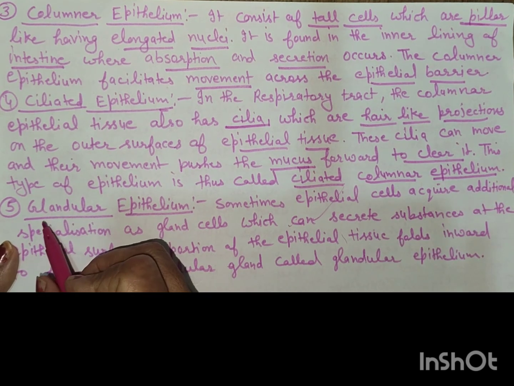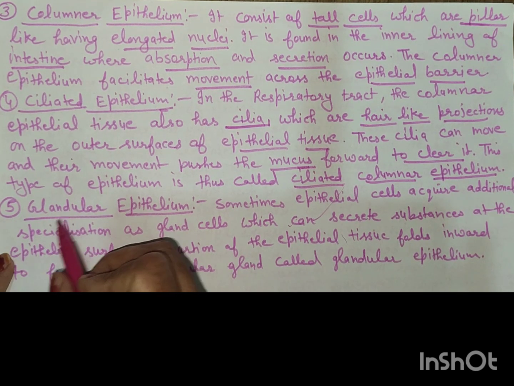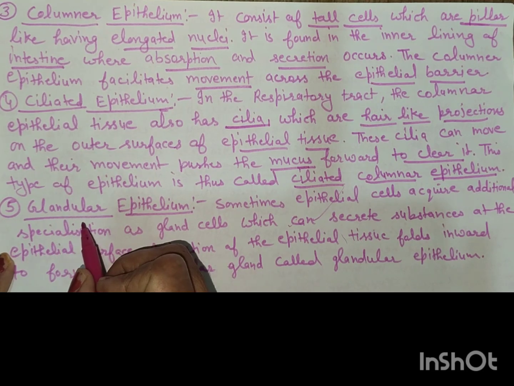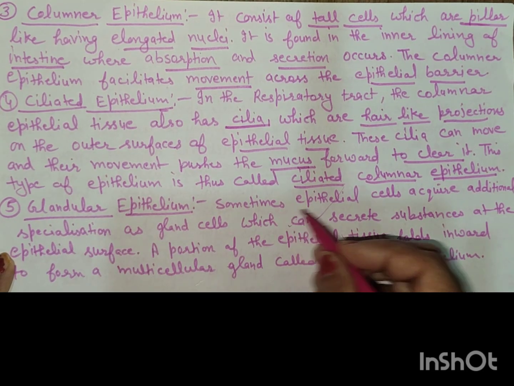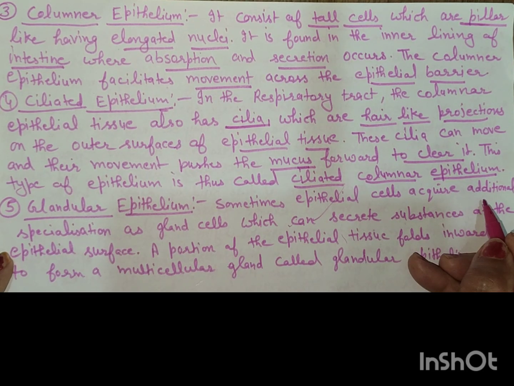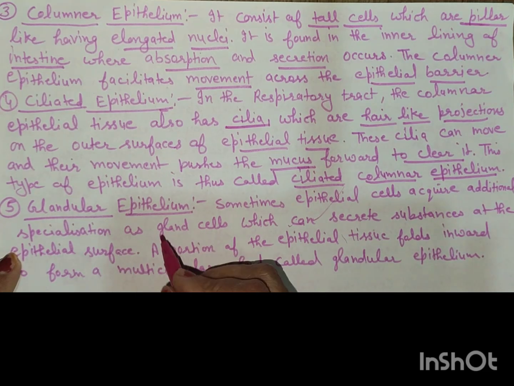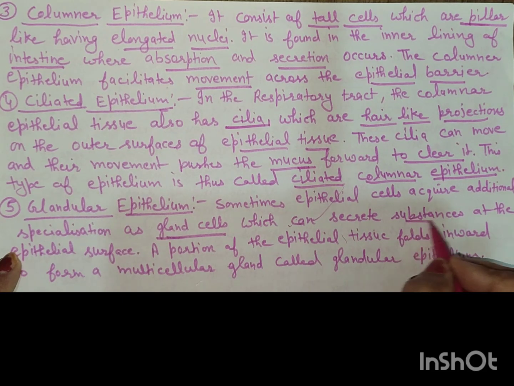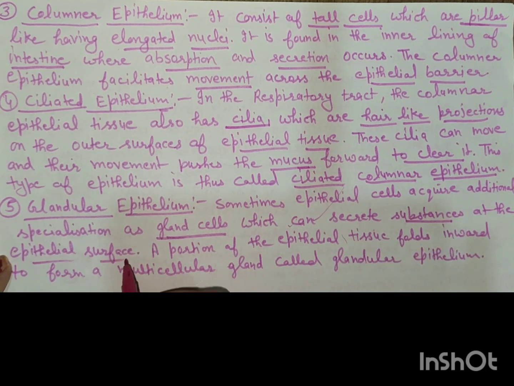The fifth type of epithelial tissue is glandular epithelium. Sometimes epithelial cells acquire additional specialized structure. These are called gland cells, which can secrete substances at the epithelial surface.